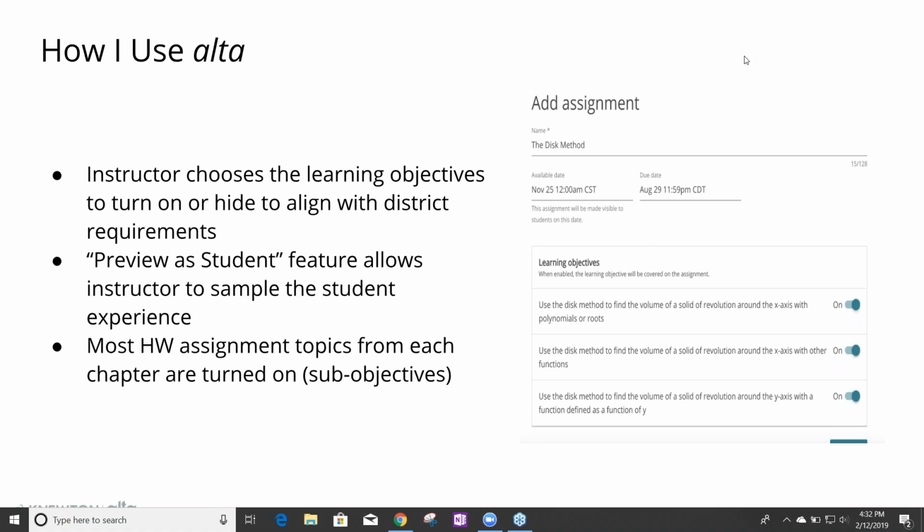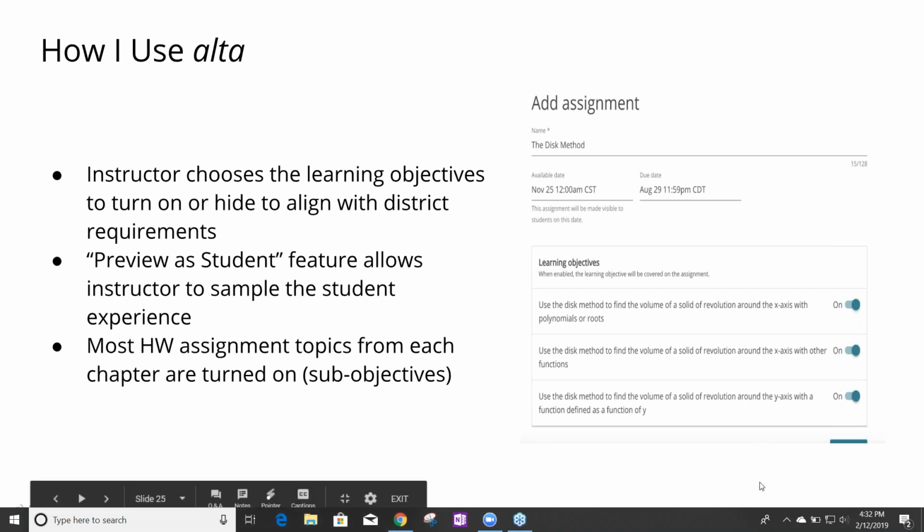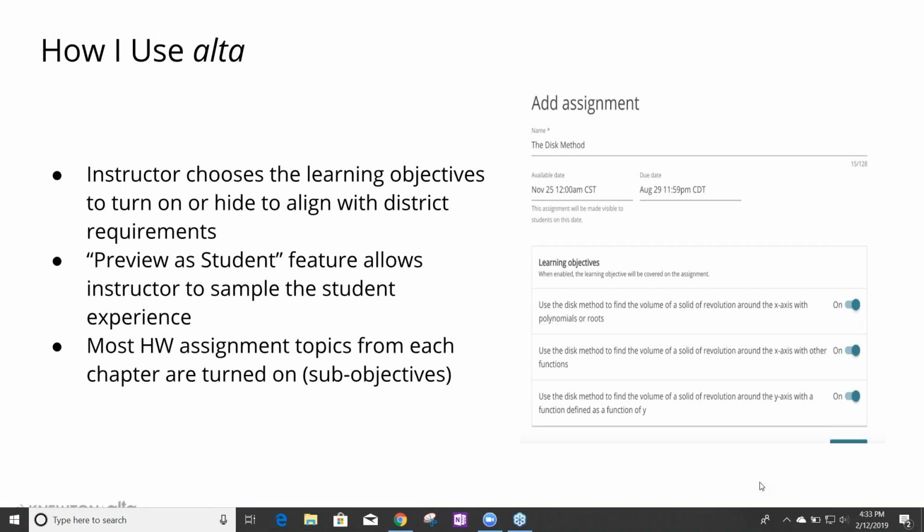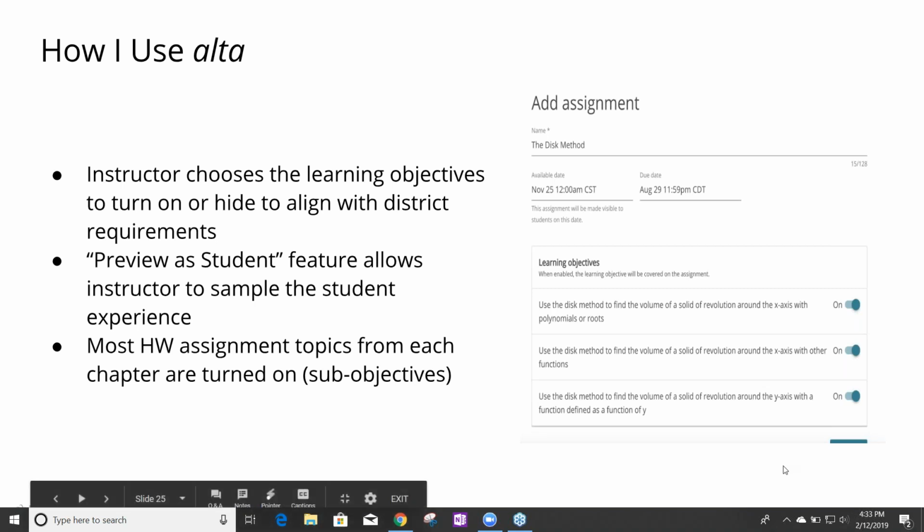Each learning objective has sub-objectives that you can turn off or on, depending on if you need to cover that. Most of those sub-objectives are turned on in my class, but occasionally there's something I won't need to cover and I can switch that objective off.